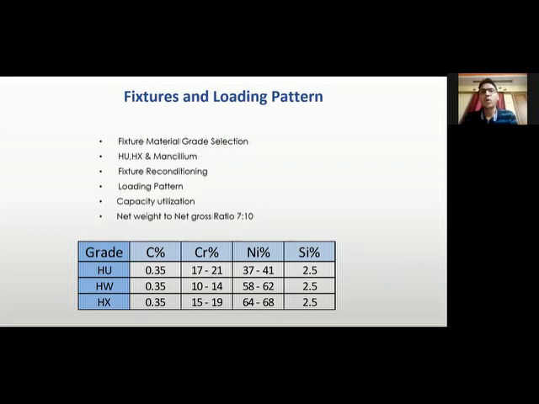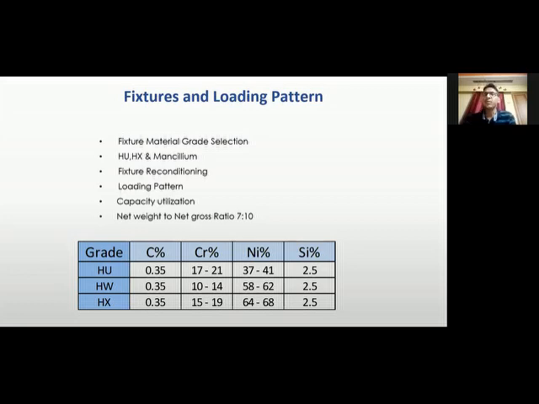There are some HU, HX, and Mansell types of grades available that can give the maximum life, and in the table you can see the grades or composition of the base tray. For HU, there is 17 to 20% chromium and 37 to 14% nickel. And in HX, there is 15 to 19% chromium and 64 to 68% nickel.